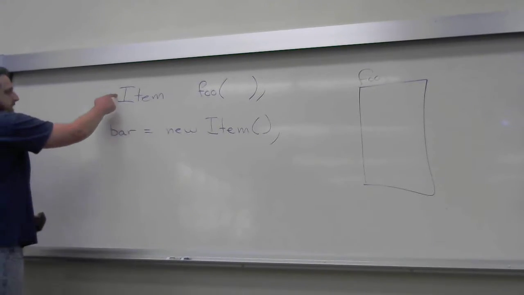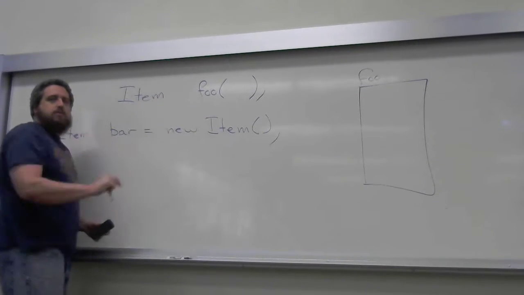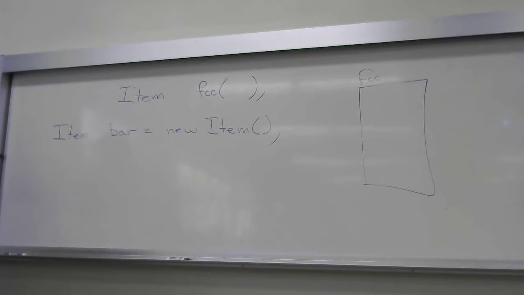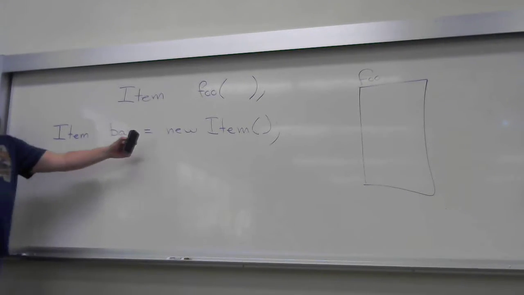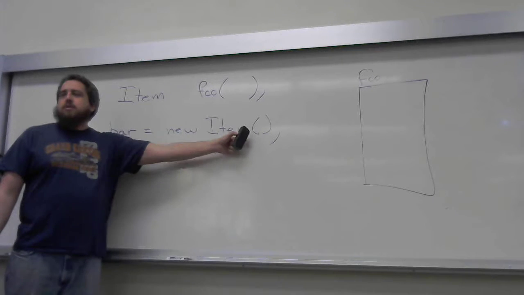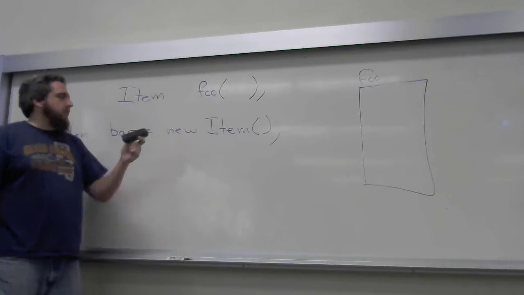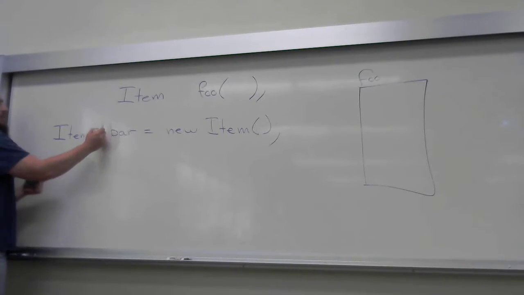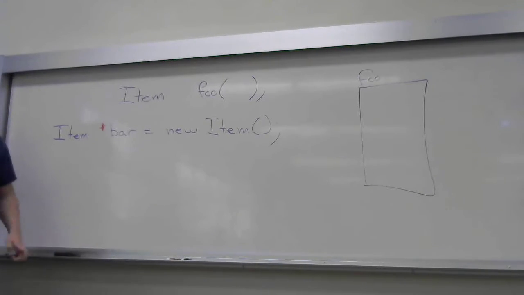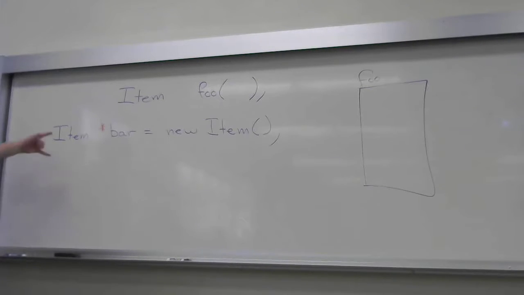If I want to put them on the stack, I declare them like so, and that's now declared on the stack. But if I want to declare them on the heap, I have to declare them with the new. This is not a pointer, this is the item here, whereas this is a pointer to the item, so I have to declare it with the star in C++. So both of these declarations are correct in C++, whereas only one of them is correct in Java.